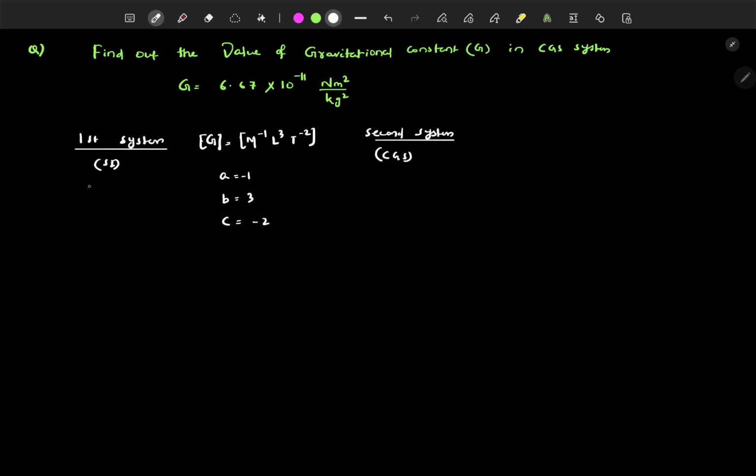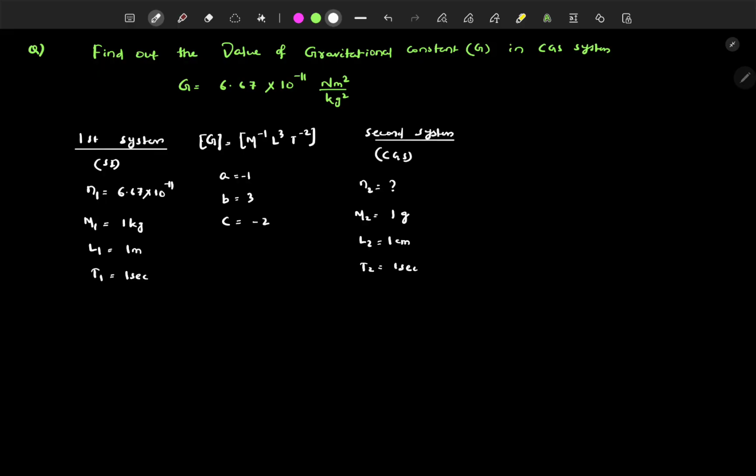In the first system, N1 value is 6.67 into 10 to the power -11, and the N2 value is required. The first system is SI, so M1 is 1 kg, L1 is 1 meter, and T1 is 1 second. Similarly, the second system is CGS, so M2 is 1 gram, L2 is 1 centimeter, and T2 is 1 second.